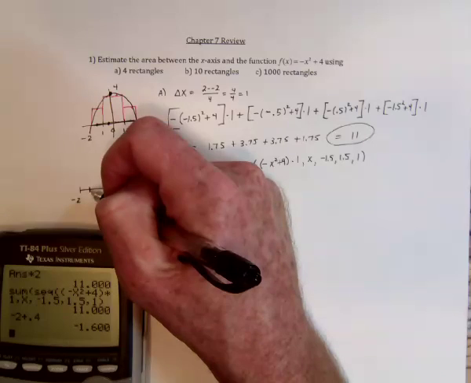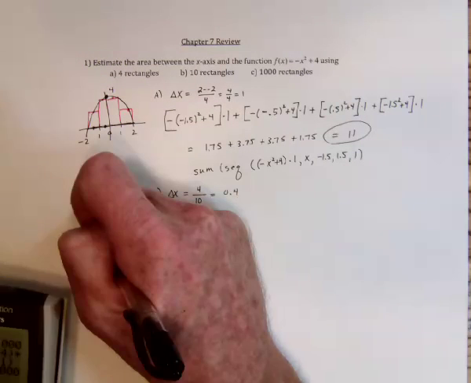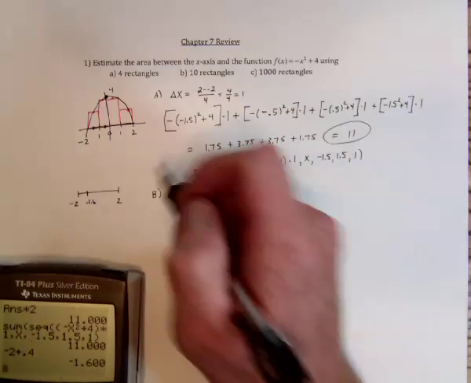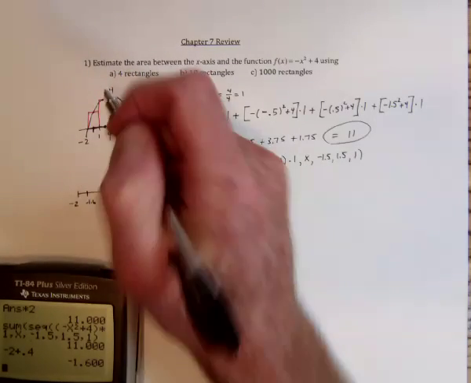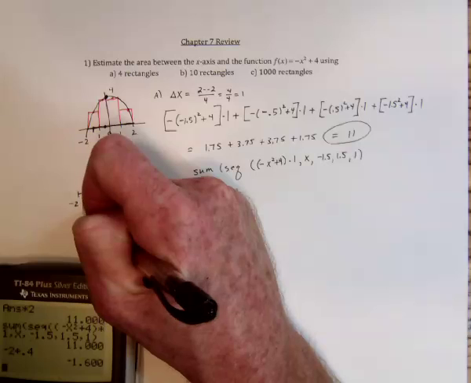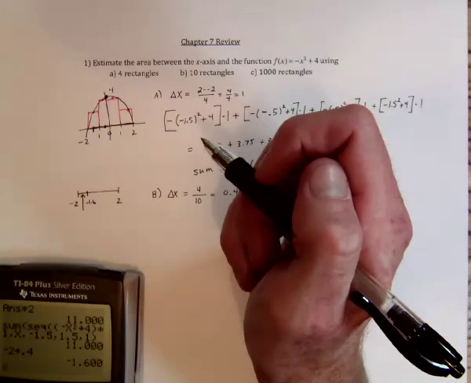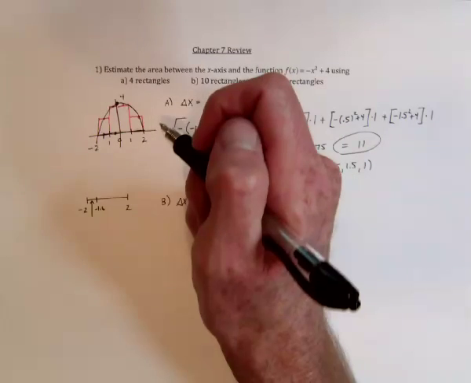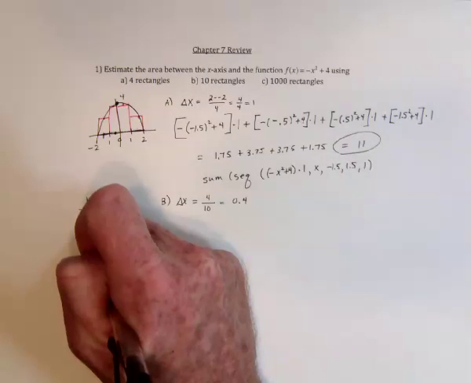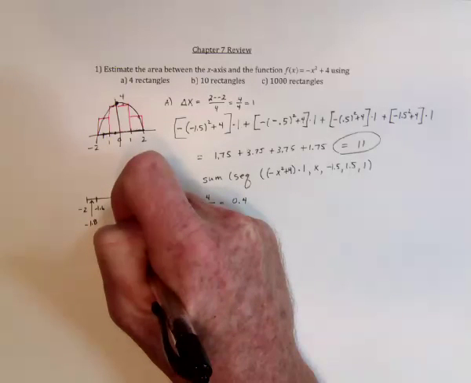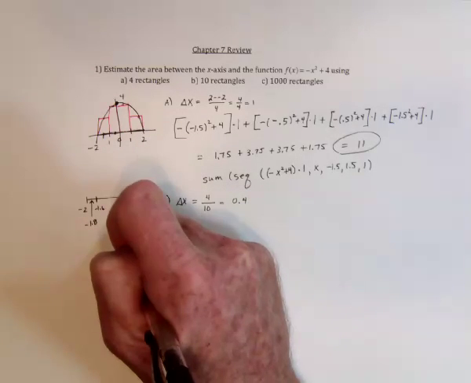So that's going to be that first interval. But then we take the middle point and substitute it in. So it's starting right here in the middle of negative 2 and negative 1.6, so that would be at negative 1.8. And by symmetry, it's going to be over here at positive 1.8.